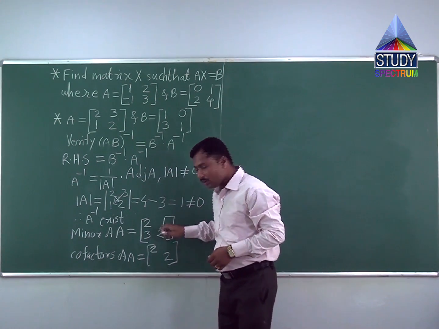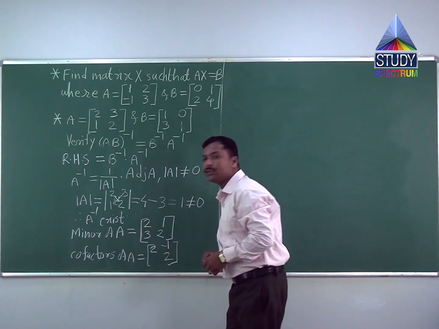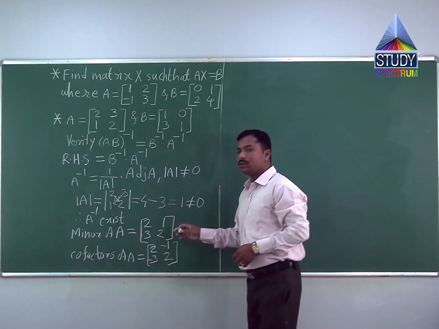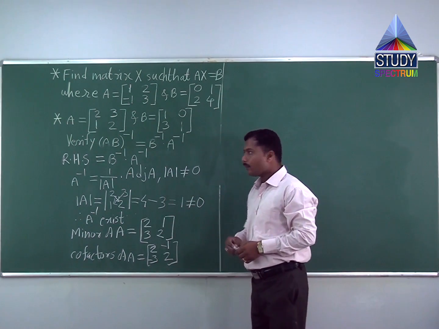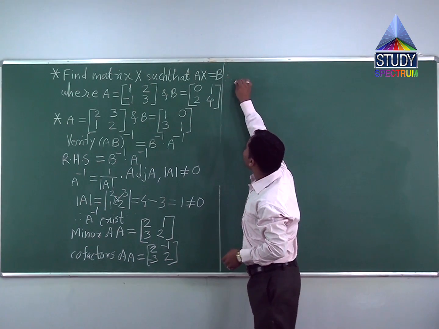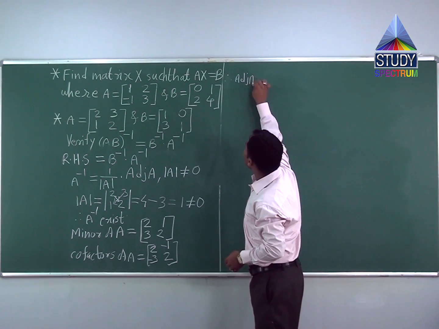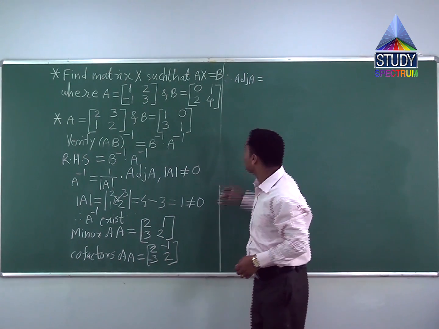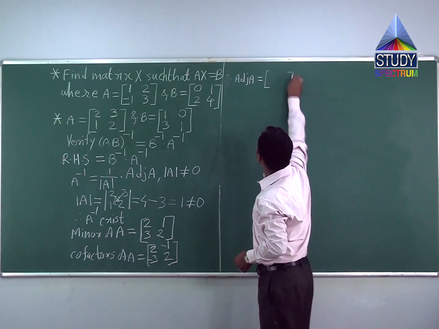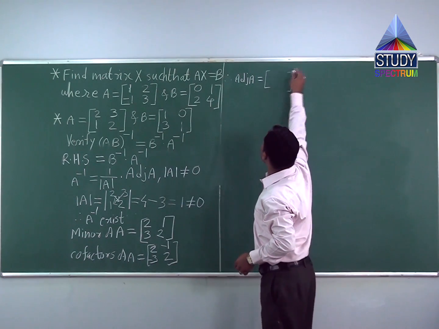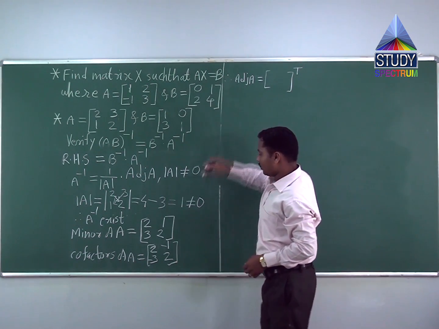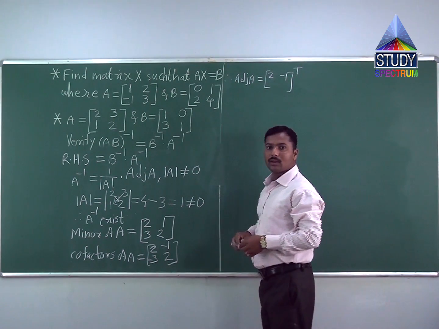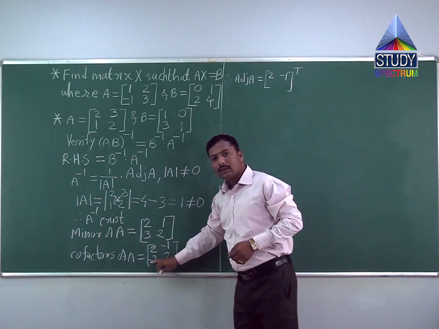Here is a plus 1, so minus 1. Here is a plus 3, which becomes minus 3. So this is the cofactors of A, and therefore what is adjoint? Adjoint of A equals the transpose of these cofactors of A, meaning the transpose of this matrix: 2, minus 1 as it is, minus 3, 2.